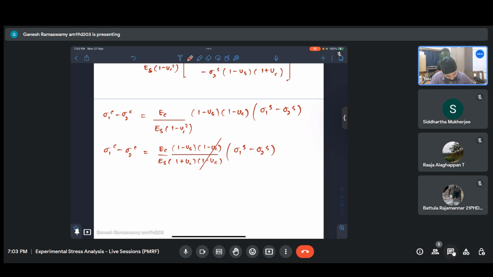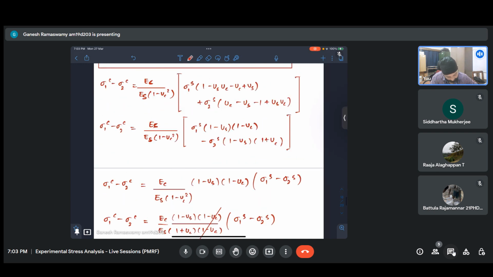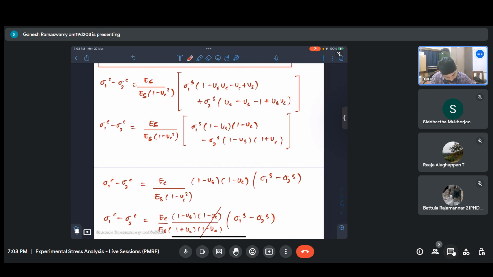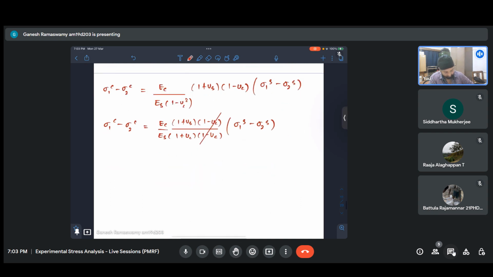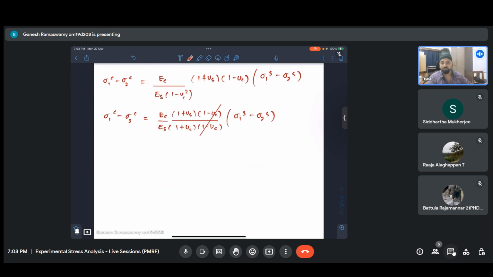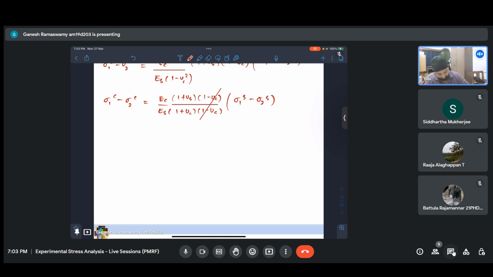There will be 1 plus, actually 1, 1 plus mu s. So plus mu s. So this will come out to be plus. Because I remembered the end result, that is why. I hope that you can follow once you look at the derivation closely. I suppose you'll be able to follow that.